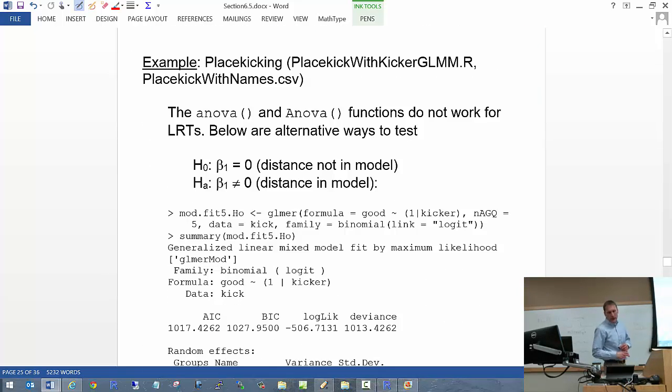Okay, so let's go back to the placekicking data set and do some inferences. Unfortunately, remember the little anova function and the big Anova function, those cannot be used with a model fit using the glmer function for these generalized linear mixed models.